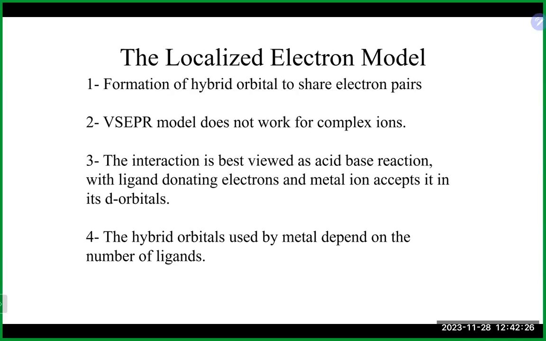So we oftentimes will look at complex ions in a Lewis acid-base situation, where we have the electrons being donated and accepted by the electron-deficient metal in the middle. The hybrid orbitals used by metals depend on the number of ligands attached to it.